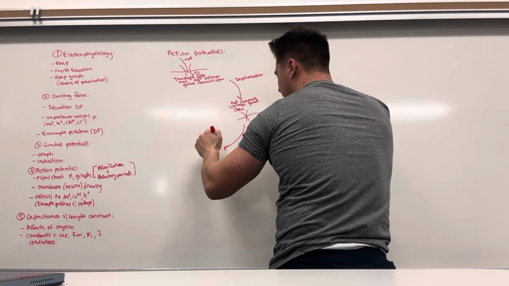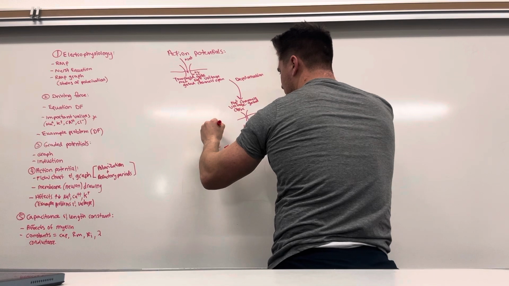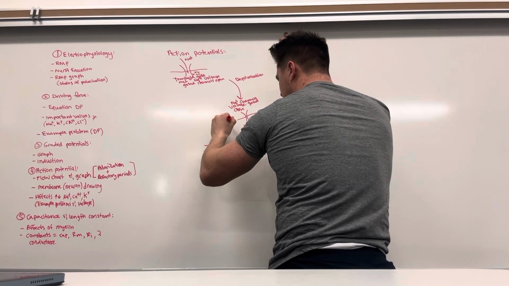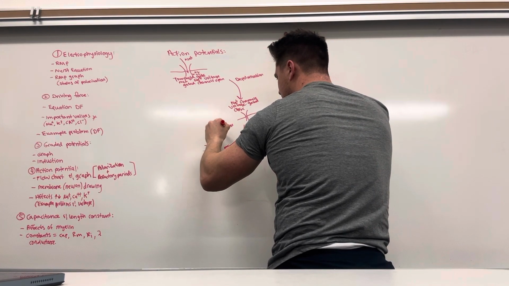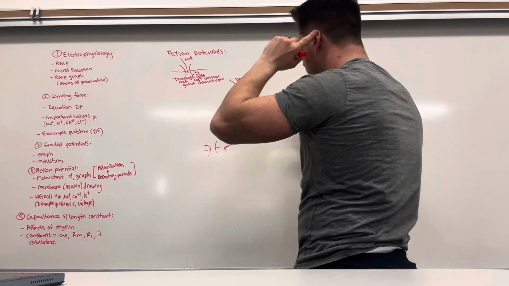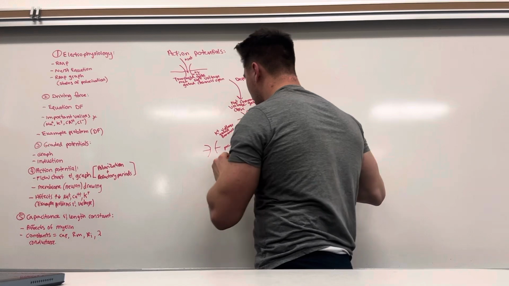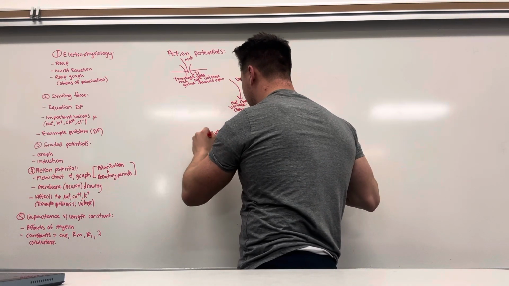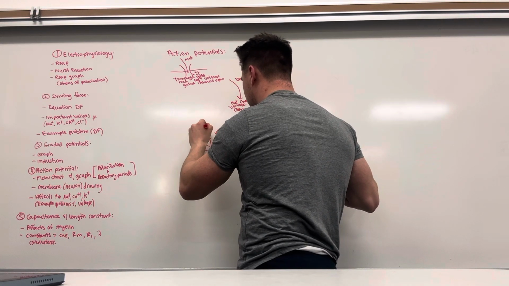So we also have potassium voltage gated channels that open up. And potassium begins to flow out of the cell.